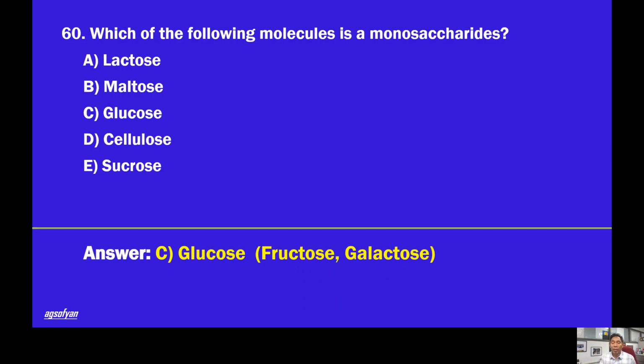Other examples are fructose and galactose. Lactose is a disaccharide, it has 2 sugars. Maltose has 2 sugars. Glucose only has 1 sugar, so this is a monosaccharide. Cellulose is a polysaccharide, many sugars. Sucrose has 2 sugars.